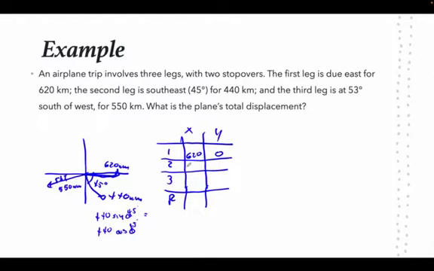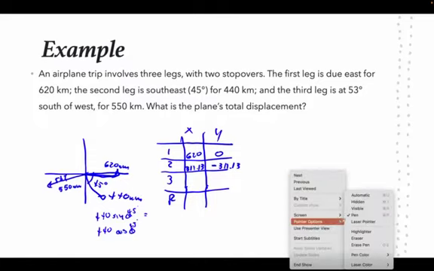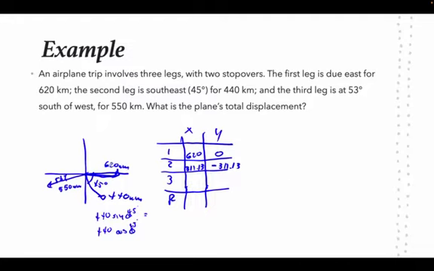So the x component is going to be 311.13. The y component is negative 311.13. Why negative? Because it points down. The y component points downwards, so it is negative.